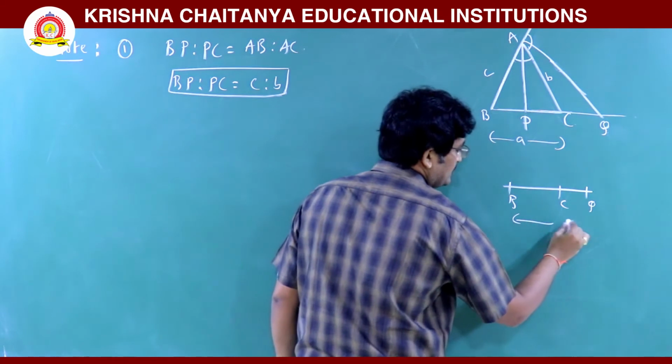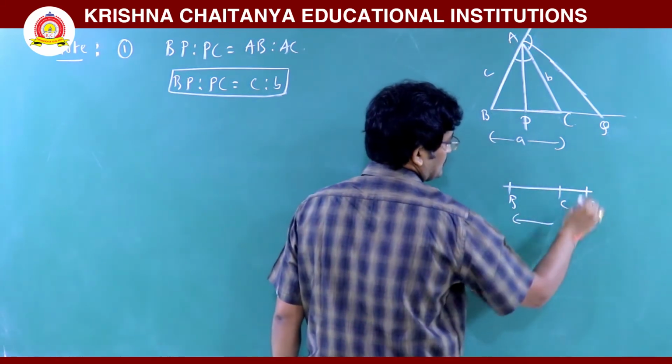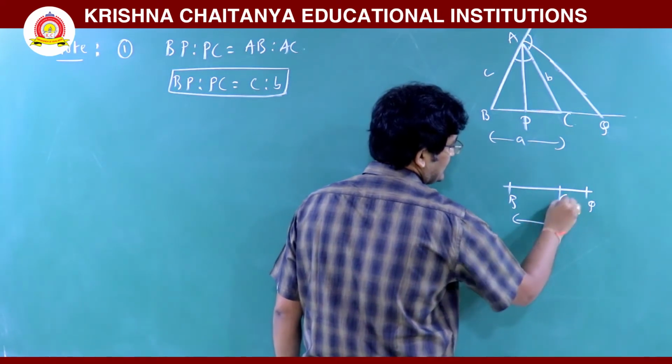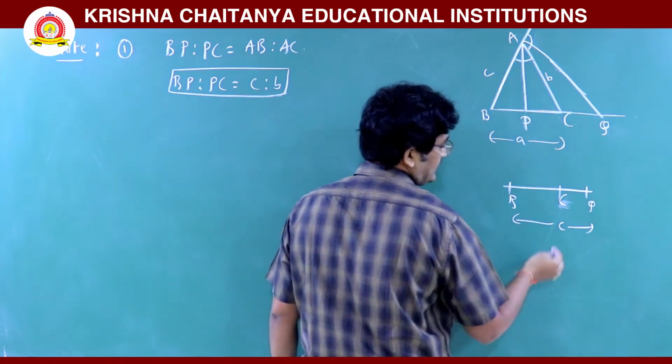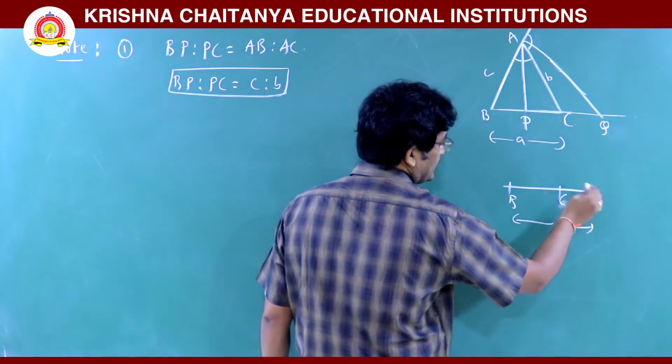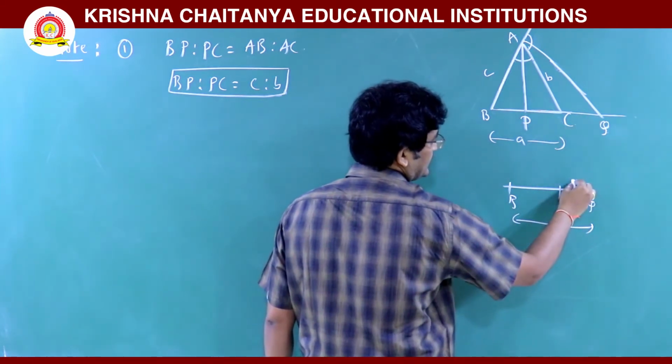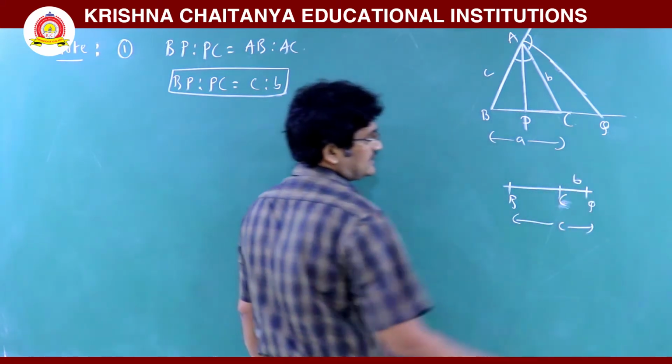So BP is to PC is c is to b. Now BQ is to QC. This length is small c, this is capital C. BQ is to QC is equal to c is to b.